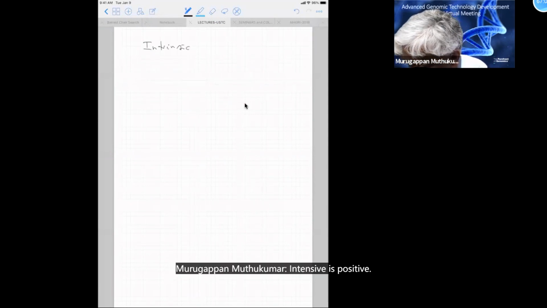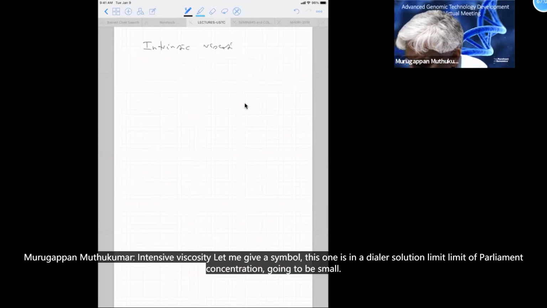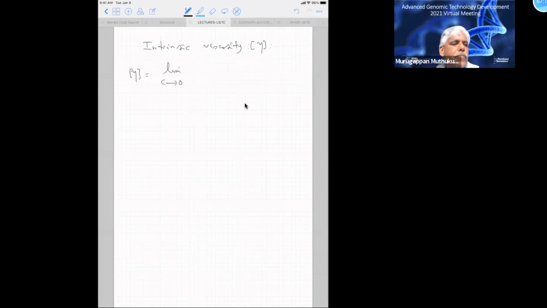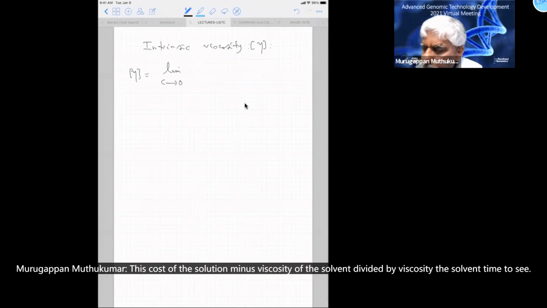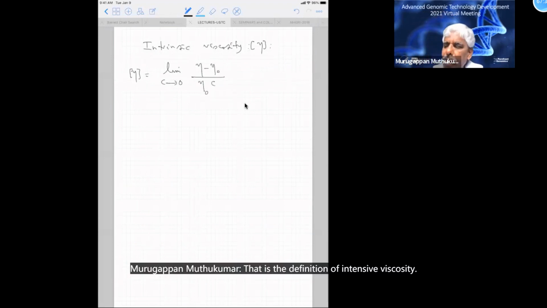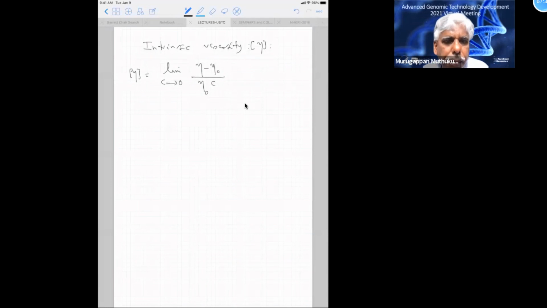This is in the dilute solution limit, where polymer concentration is small: viscosity of the solution minus viscosity of the solvent, divided by viscosity of the solvent times C. That is the definition of intrinsic viscosity.